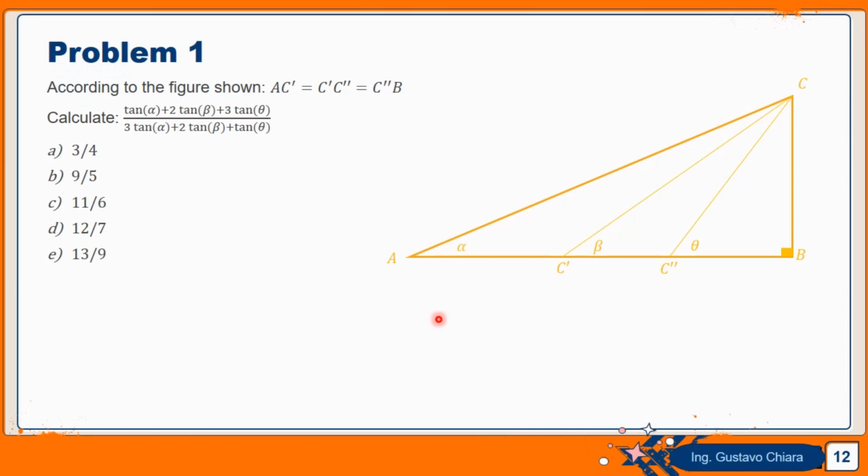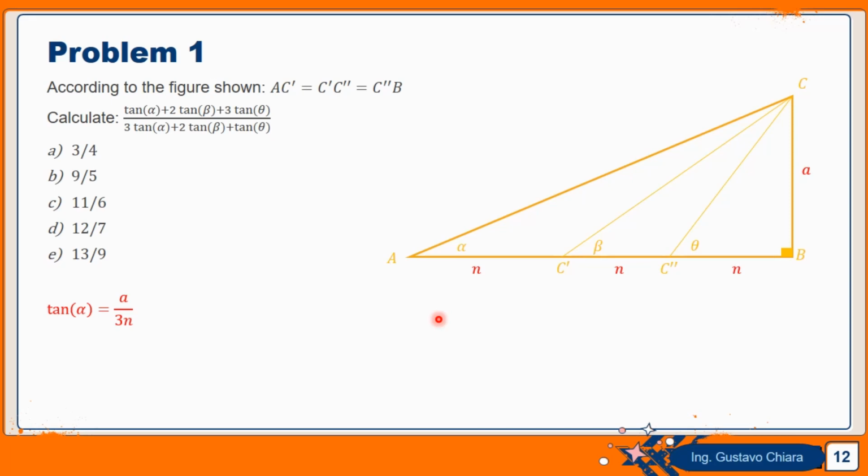Problem number 1. According to the picture showing that 3 sides are equal, you need to calculate this expression. The first step, using the data of the problem, we complete the triangle with the values. The 3 sides are equal, so we can write the same letter n, and this side we can write as a letter a.